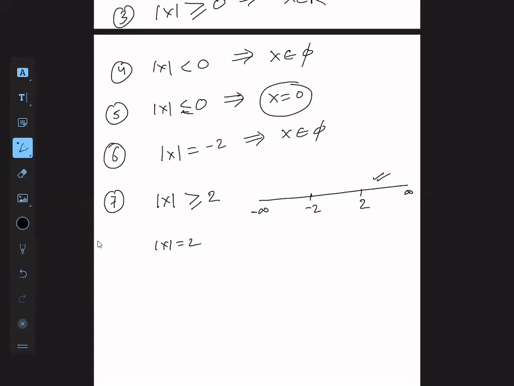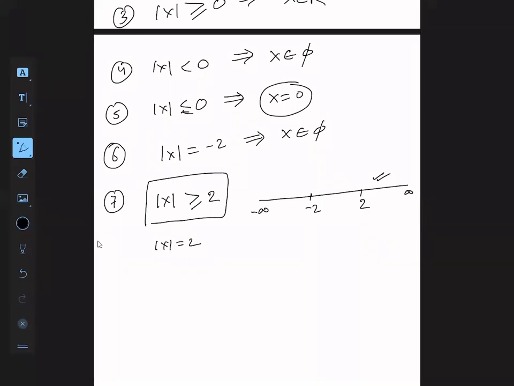Assume any value, let's say between 2 and infinity, let's say x is equal to 3. If x equal to 3 satisfies this inequality, then the whole interval will satisfy this inequality. Understood? So if x is equal to 3, then modulus of 3, that is 3, is greater than or equal to 2, true.